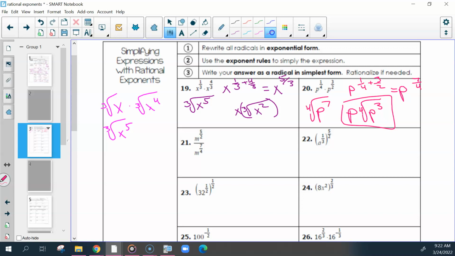For 21, we are now dividing like bases. So what are we doing with the exponents? Subtracting. What would our fraction be?